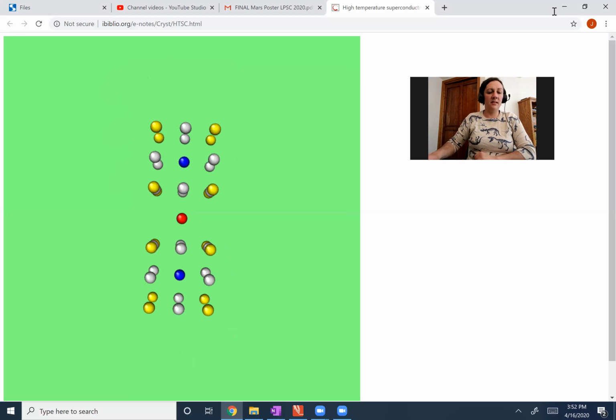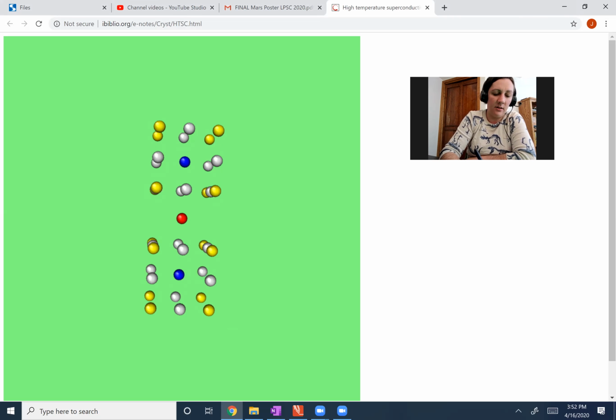We can start to see a little bit about this structure, that we have copper on the top corners. Sorry, my spotlight isn't working. We have copper on our top corners and the bottom corners. And then they're also in the center here as well.